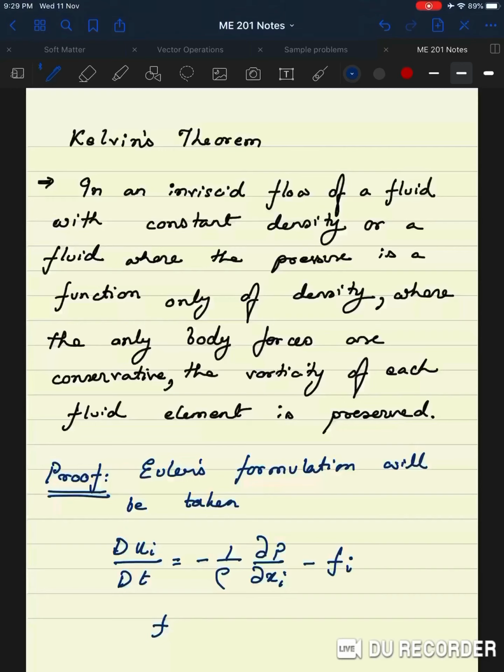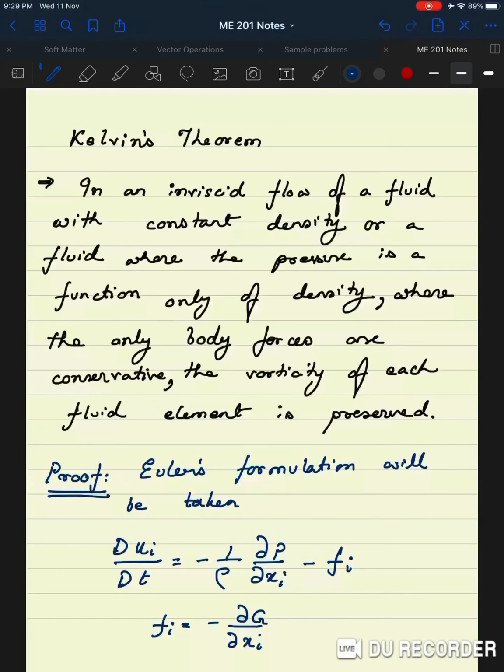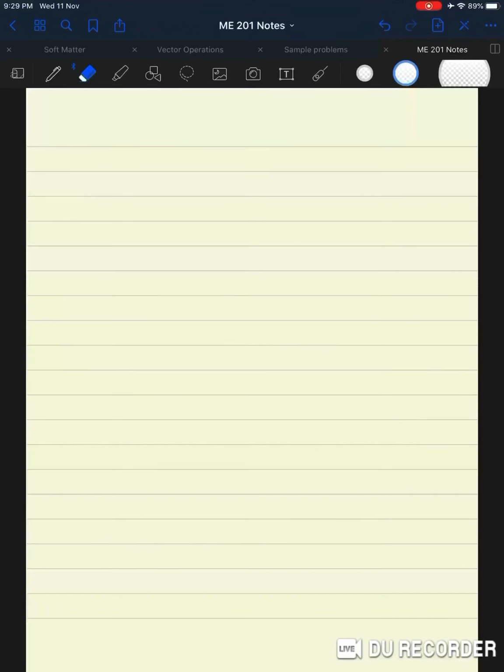So Fi is going to be equal to some minus dg dxi. Okay. Good. So let's just go ahead and replace that here, or we can do that later. Okay.